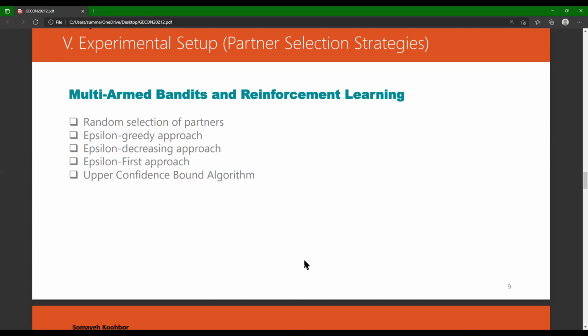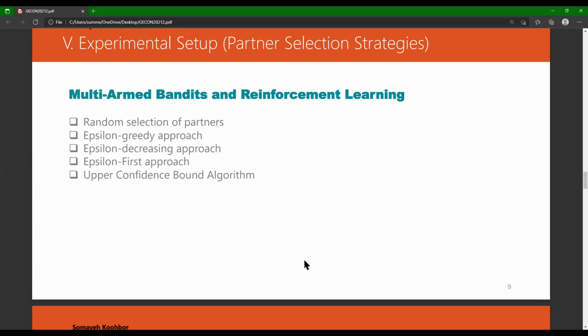If you keep selecting a partner and your partner is giving you a good outcome, or benefit, then you have probably a good average payoff, but the confidence bound for this option will be very low because you keep interacting with this person and this person always plays the same strategy. So in total, the average will be good, but the confidence bound will be smaller.